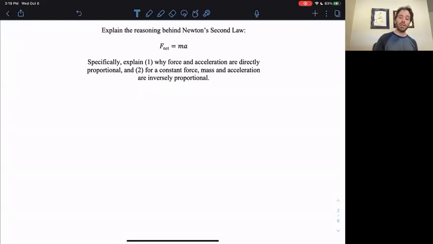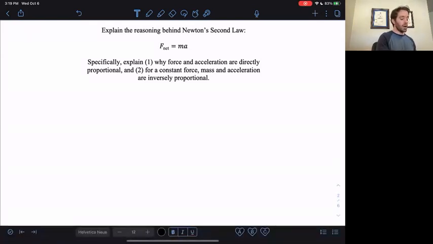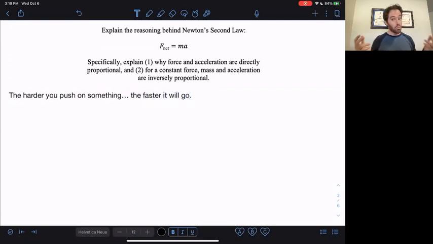The reasoning behind it is actually really, really simple though, because check this out. The harder you push on something, the faster it will go, right? This is totally obvious.